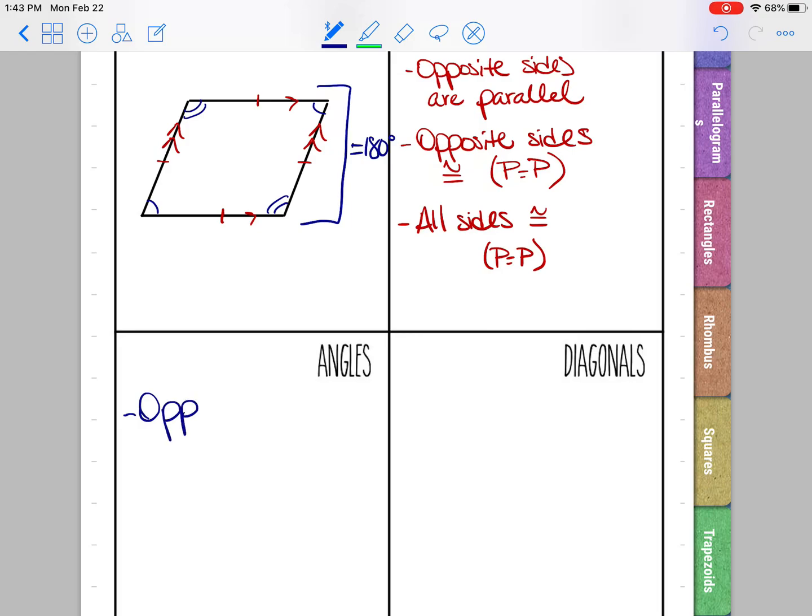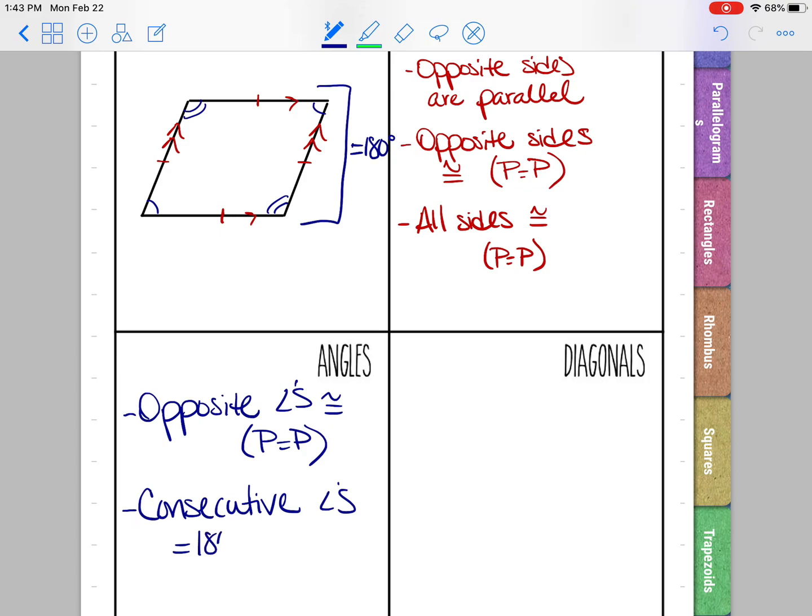Opposite angles are congruent. Part equals part if need be, and consecutive angles add up to 180. And we'll put part plus part equals 180.